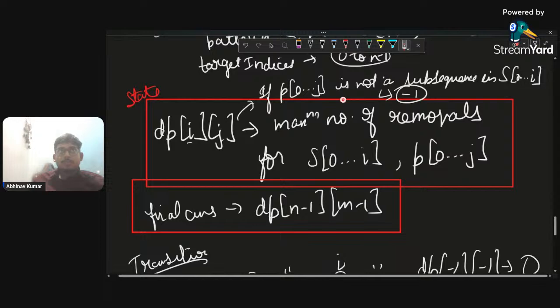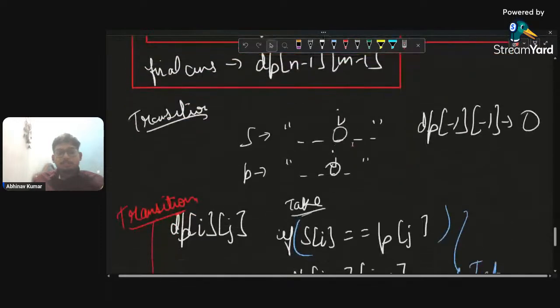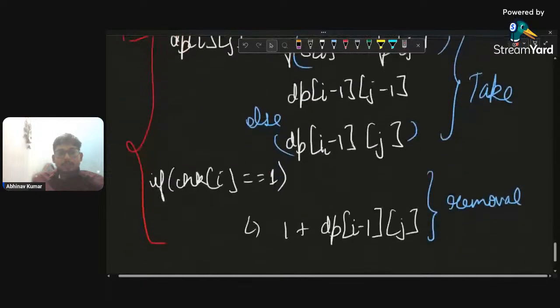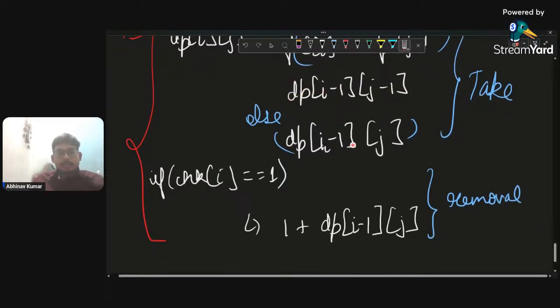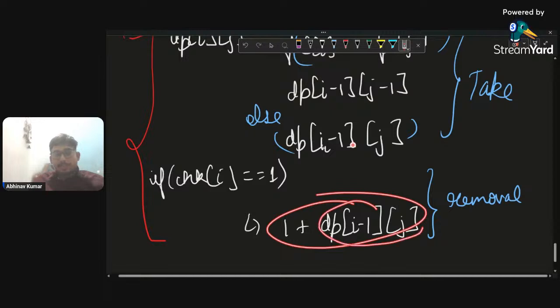So if we have some such state in our transition, we'll not use it. Here again we would check if dp[i-1][j-1] is -1, then we'll not take it, or we'll assign ij also -1. And again from this state, if dp[i-1][j] is -1, then we won't do a -1 plus 1 and make it 0.